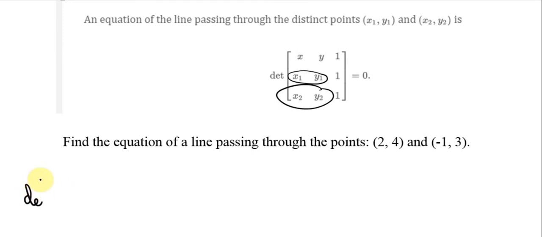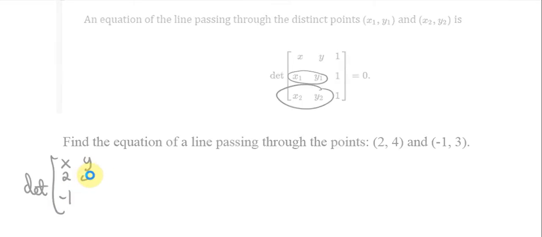So we have the determinant, we got x, and then x sub 1 is 2, x sub 2 is -1, then we have y here, put the 4 there, and then the 3.